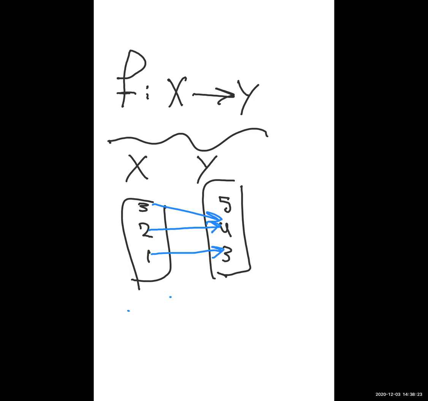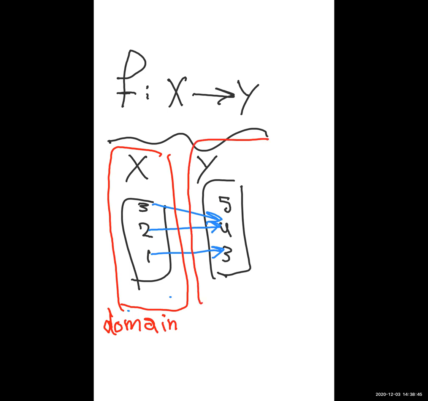Now, guys, this one, which is x, or the set of x, actually, this one is the domain of the function. And y is the codomain of the function. Okay? So x is the domain of the function, y is the codomain of the function.